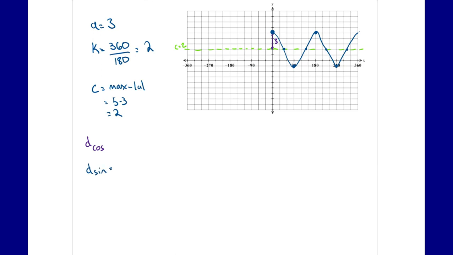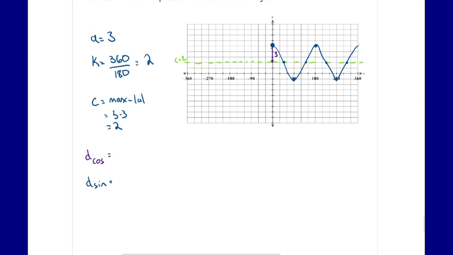I could go through and find these as well, even if I just graphed the maximums, right? So if I start at the y-axis and go over to the maximum value, I get to a maximum of 180. So it's a horizontal distance of 180, which means the d value would be 180 degrees.